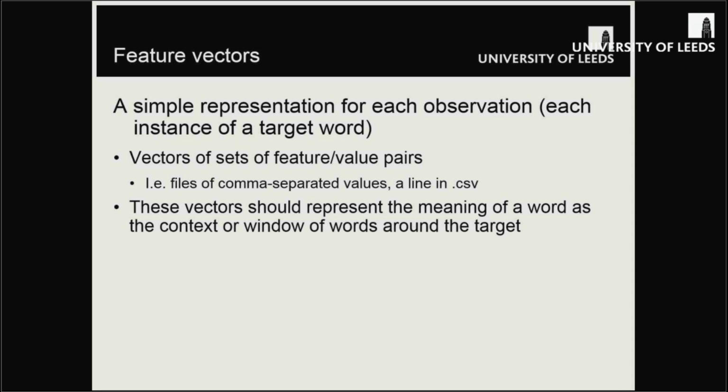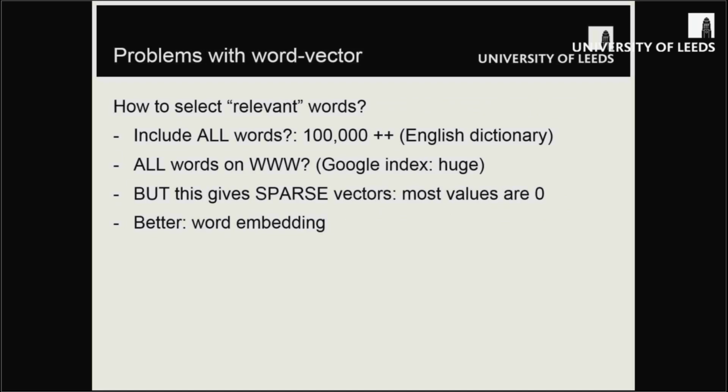So a word like fish, bass, you can look it up in a large corpus and find all the pairs of words on either side which come with the fish sense, and that is a representation of the meaning of the fish sense of bass. And then you look at the other sense of bass and find all the words that appear in that context.